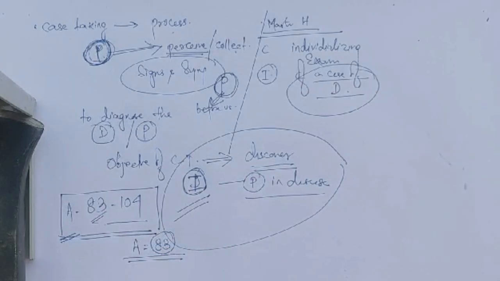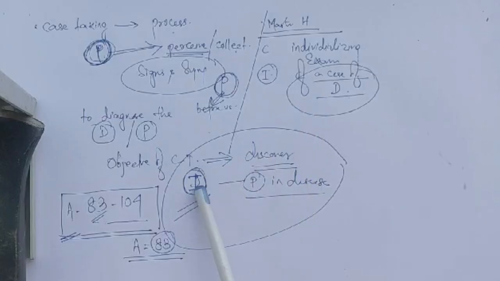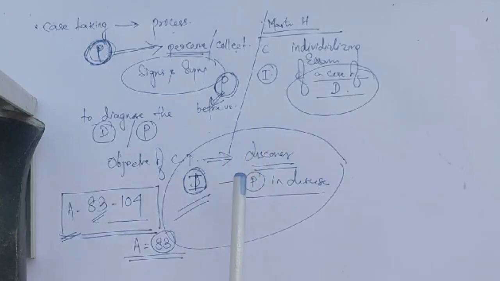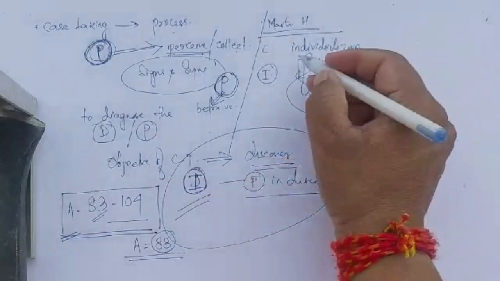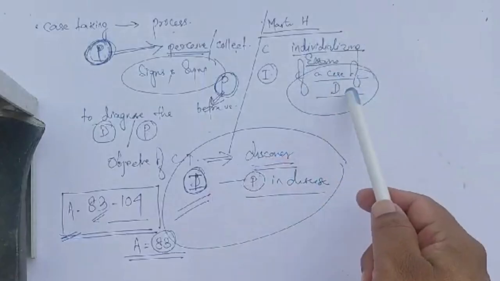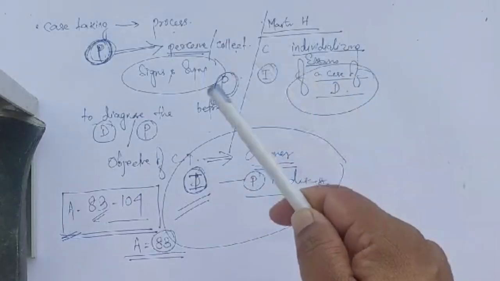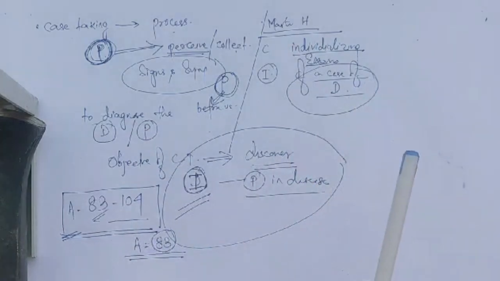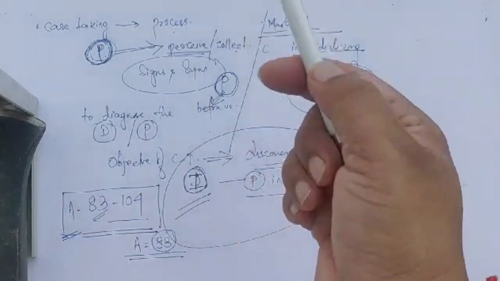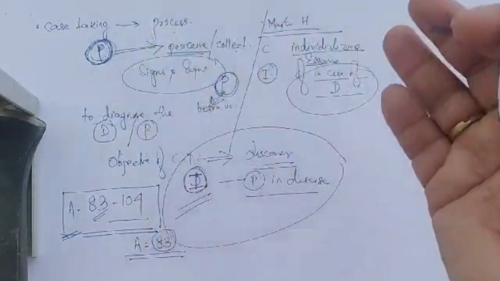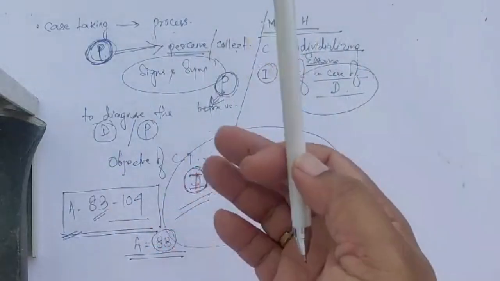Aphorism 83 says, before case taking, to conduct an individualizing examination of the patient, of the case of a disease or of the person in disease, you have to have necessary qualities. To play international cricket, you have to have played Ranji Trophy and local state games.